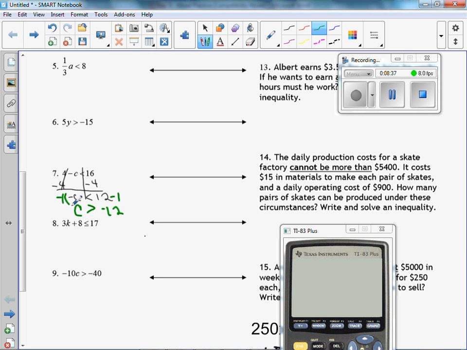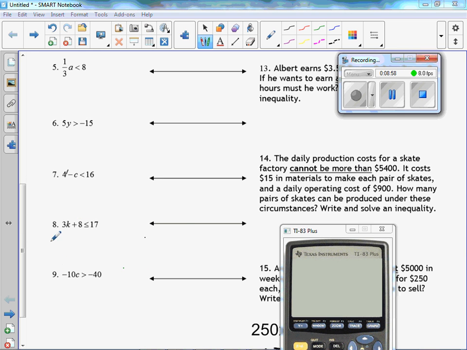To make this into a positive, you have to multiply by -1. Negative times a negative, now your C is positive. You switch the direction of the sign. Now you have a -1 over here. -1 times a +12 is a -12. And there you have it.